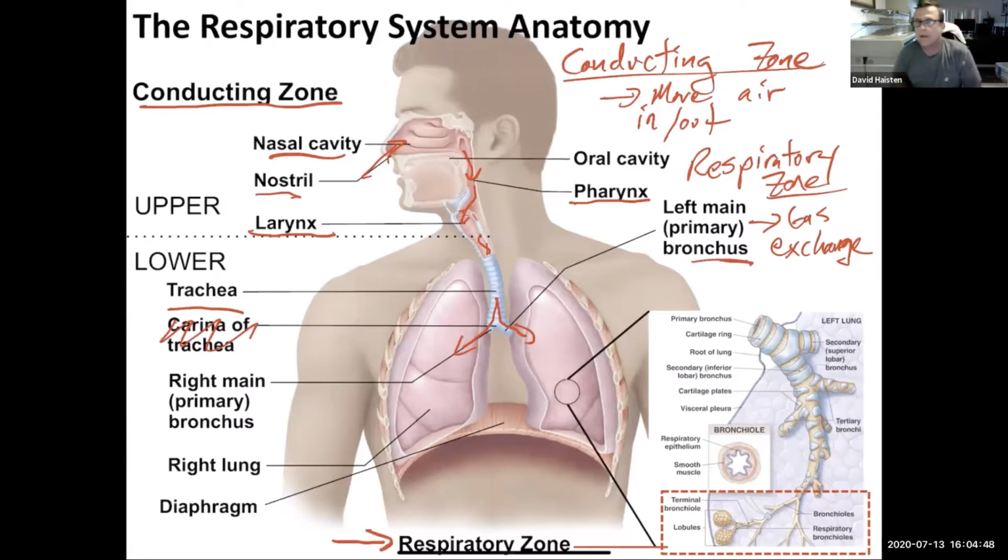Okay. And then air is going to branch into finer and finer tubes. So your lungs are almost like these passageways that are moving air down into your lungs. Your lungs are pretty much a lot like a grapevine in the vineyard that's covered with grapes and has no leaves. So picture, if you will, a grapevine branching out all over with twigs and stems and just covered with grapes.